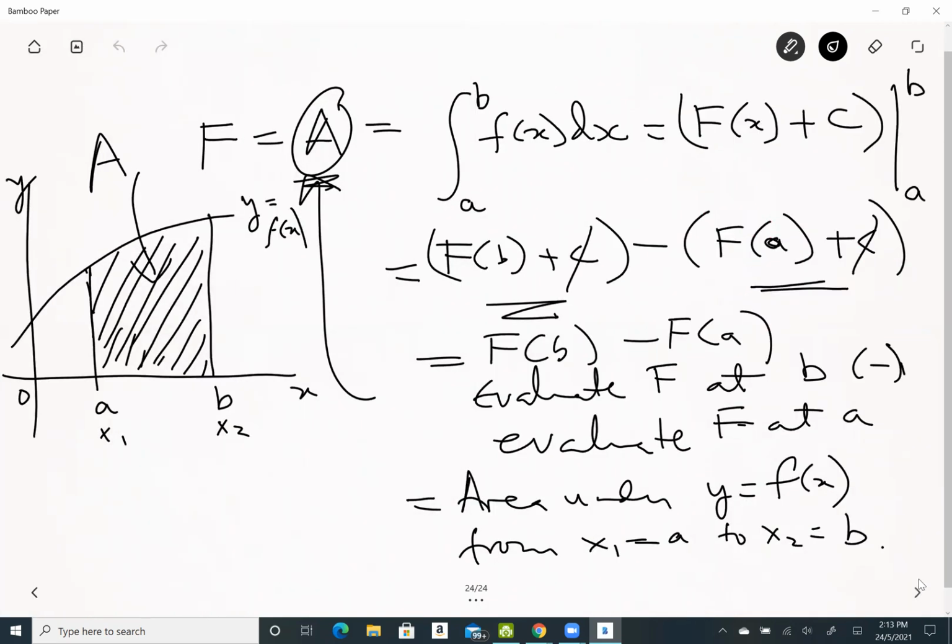So that is the definite integral. All right. Now let's do an example. Example number 1. Suppose I have a function y equal to f of x equal to 3x plus 5.